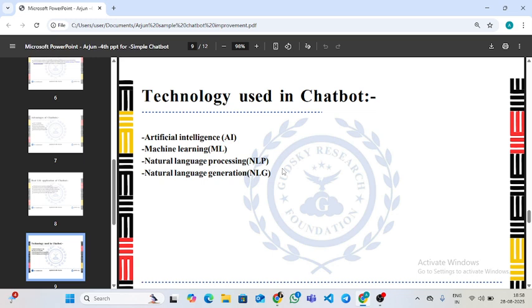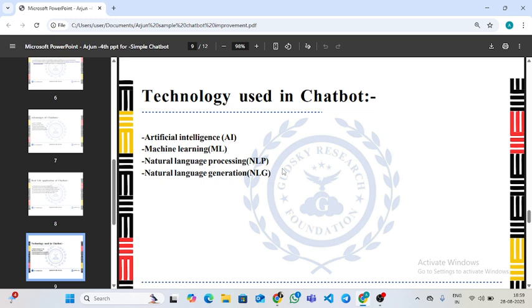And natural language processing, you are familiar with that, is the ability of a machine to understand and exchange data from human readable to machine readable, so the machine can understand what the human wants to say. So this is the one.